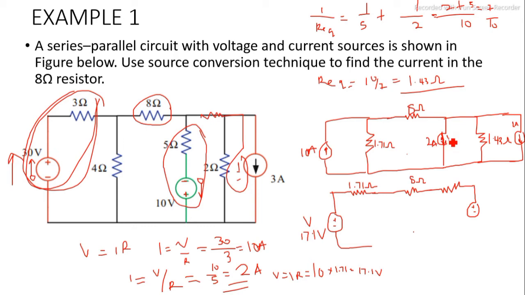So note the direction of your EMF. That means this current is meant to be flowing downward. So we are now converting this back. When we are converting this back, it's meant to be minus plus, because the direction of the EMF is downward. That is minus, then plus.